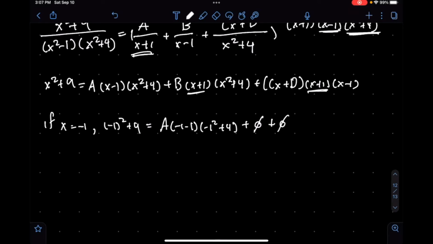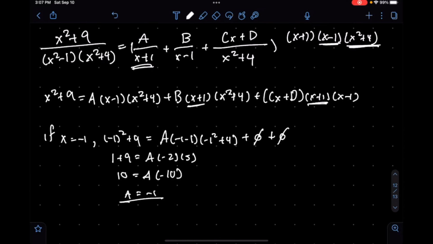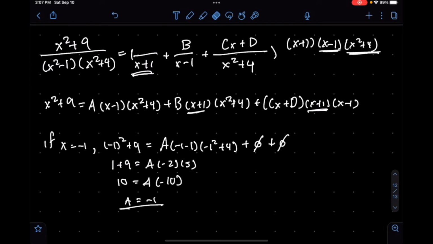So now we're left with positive 1 plus 9 is equal to a times negative 2 times 5. We get 10 is equal to a times negative 10. A is equal to negative 1. So we can go ahead and plug that in up here. And then I can erase the rest of this.